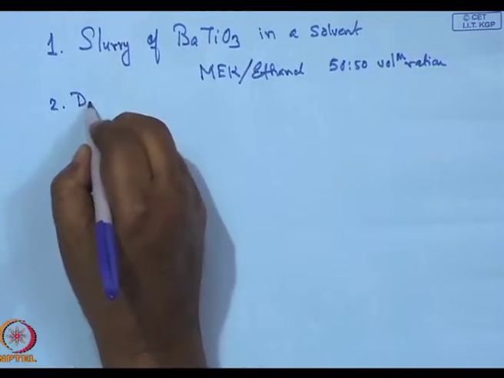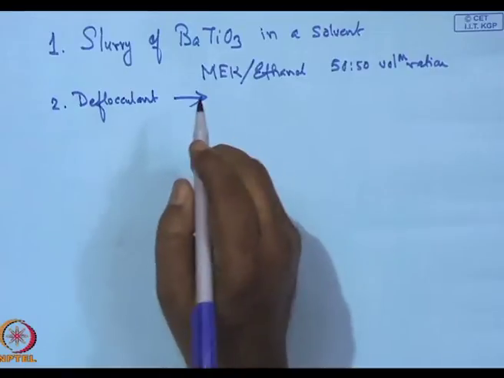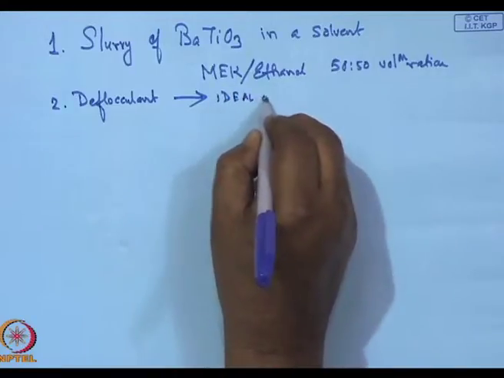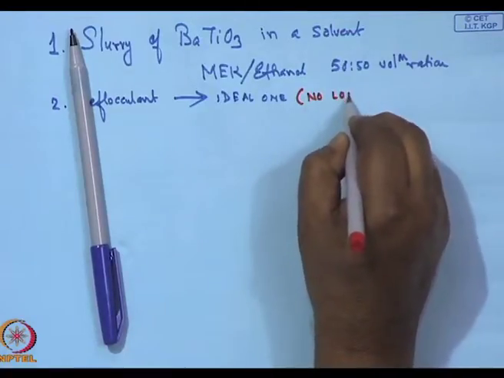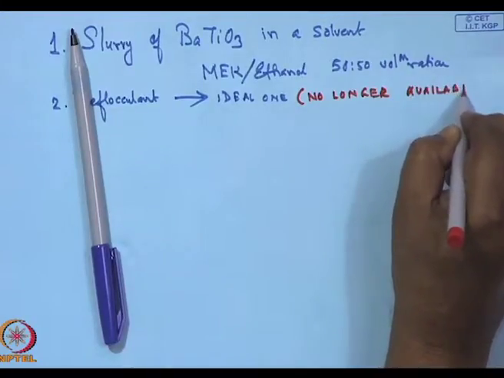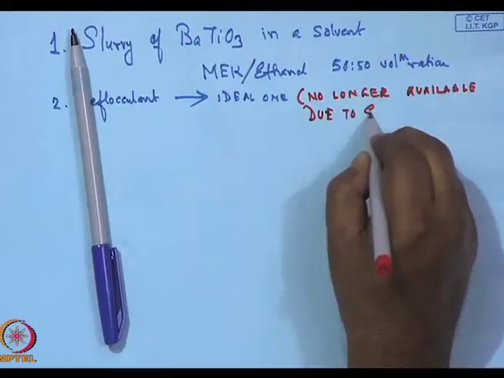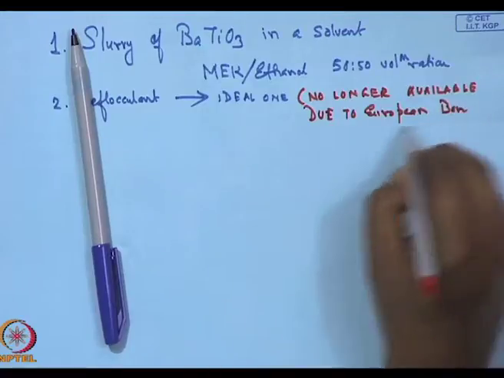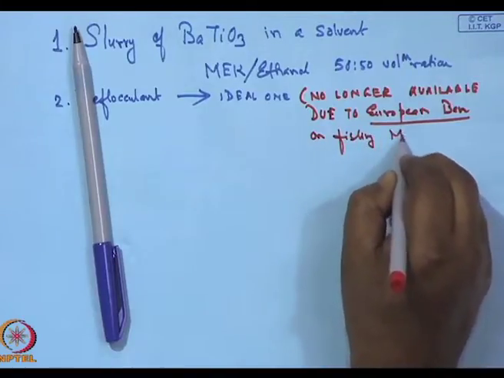What is the deflocculant? Well, the ideal one is no longer available due to the European ban on fishing Menhaden fish.